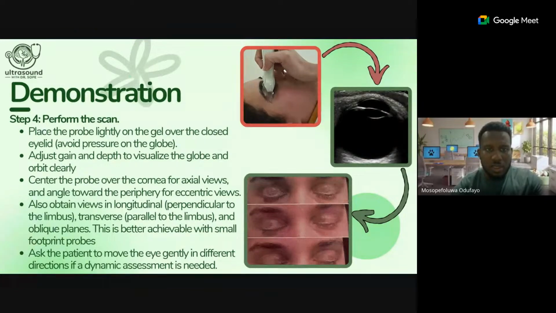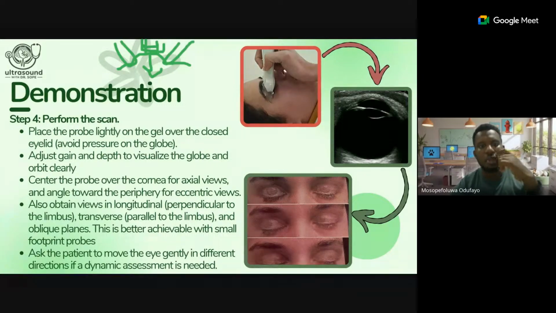So what we're just trying to say is that if this is the cornea, centered around here for axial views, is that okay? Towards these directions, is that okay? So you can angle it towards the periphery for eccentric views.